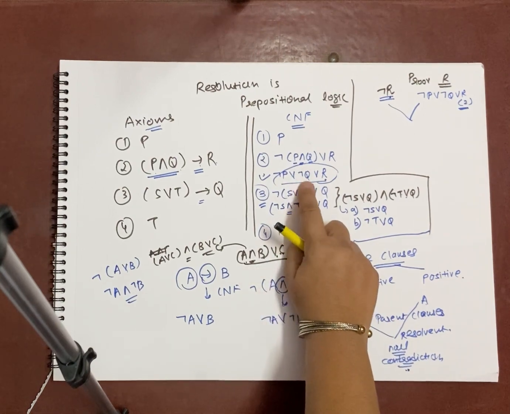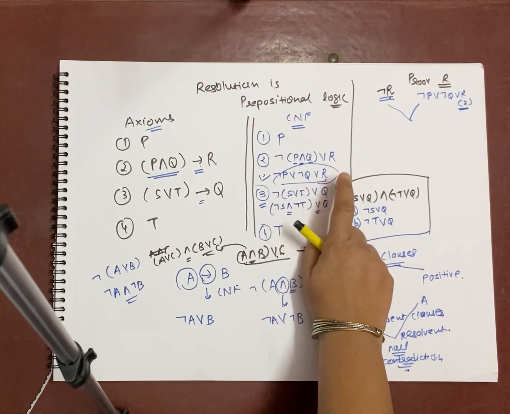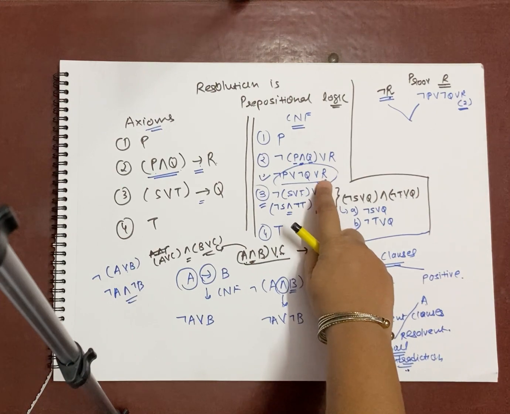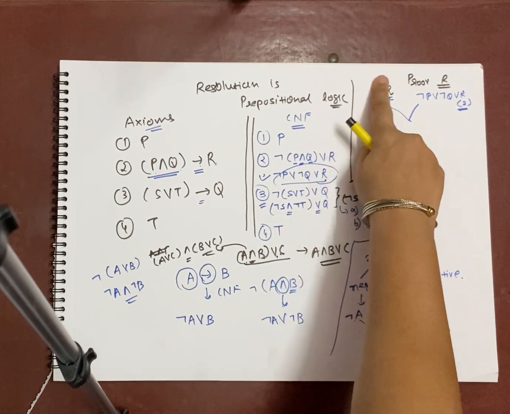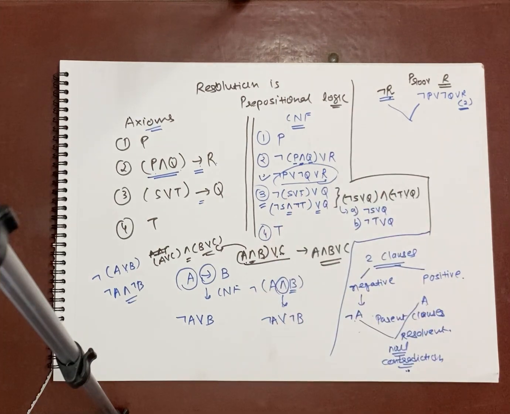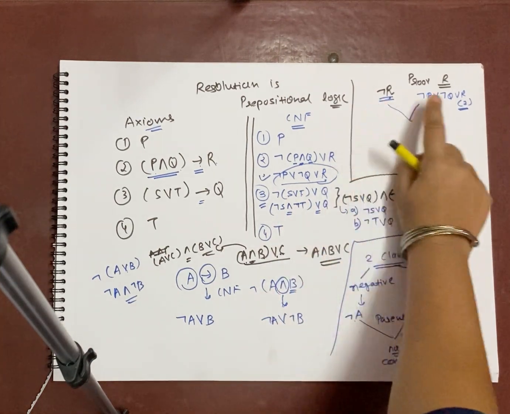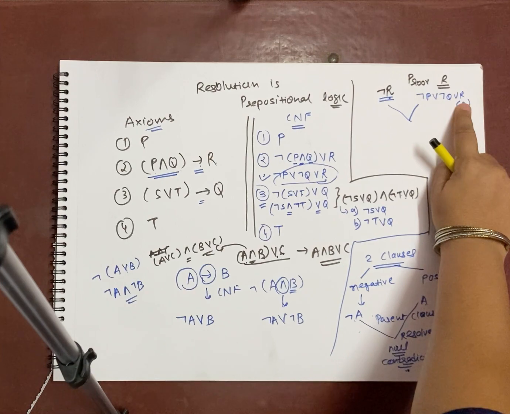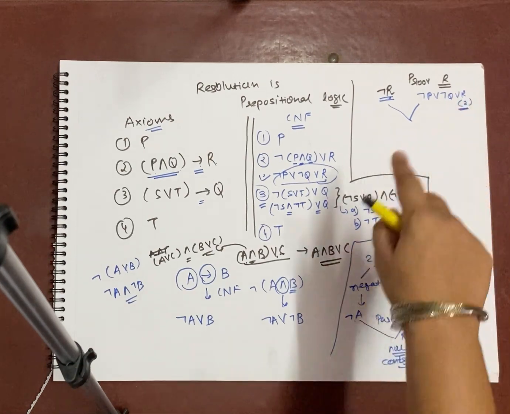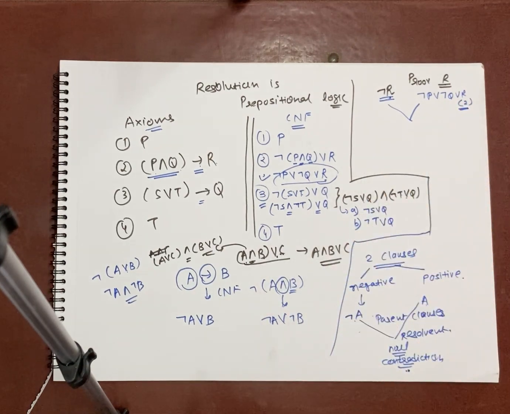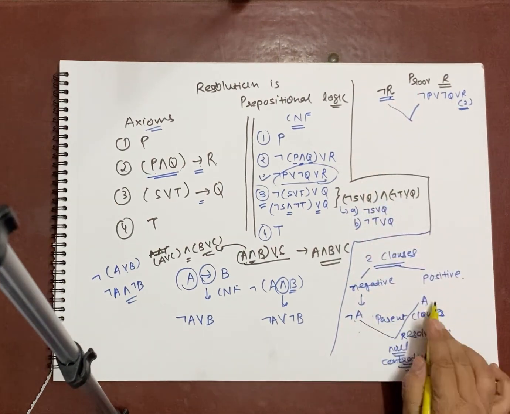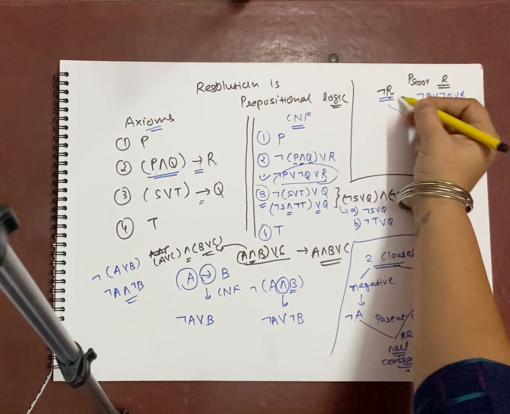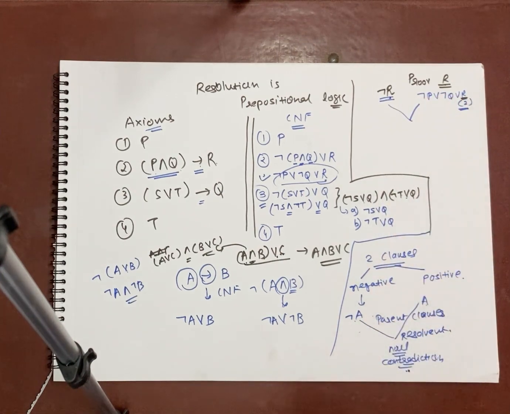You only have to pick up a clause where there is an atom available which is entirely opposite of what you already have in the first parent clause. So with negated R, positive R I have chosen in the clause as the parent clause. How is resolution applied? When you apply resolution, the contradiction that you have found, in our case negated R and positive R, is going to be cancelled out.